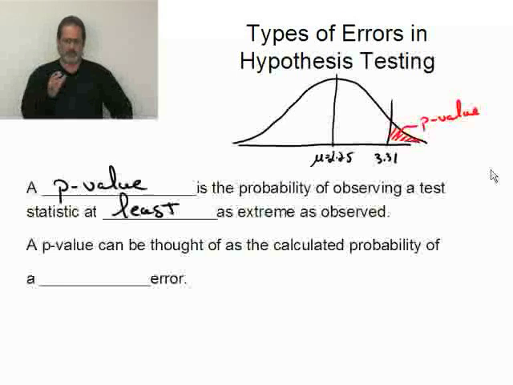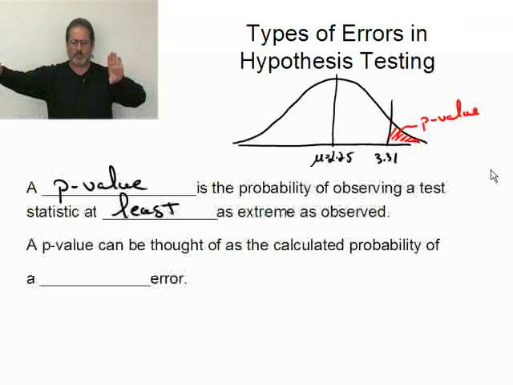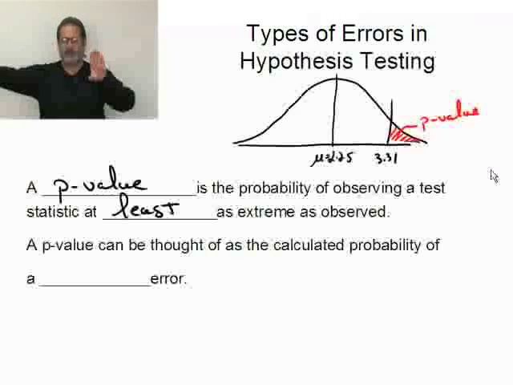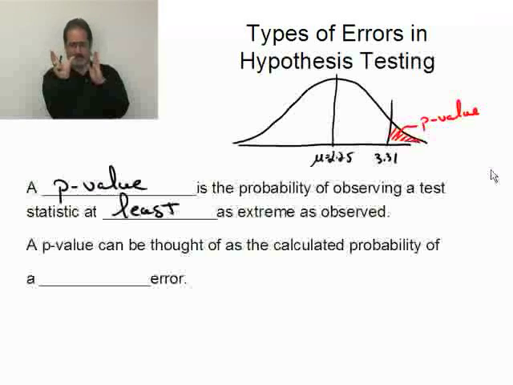Now, if the p-value is really small, that means that 3.31 is actually quite a distance away from 2.25. The farther it gets away from 2.25, the smaller that tail probability is going to be. When it's close, then the bigger that tail probability is going to be. Now, what does it mean to be close and far?